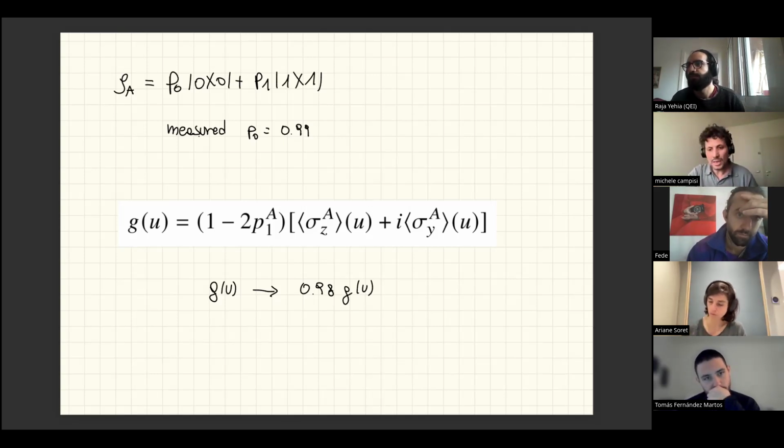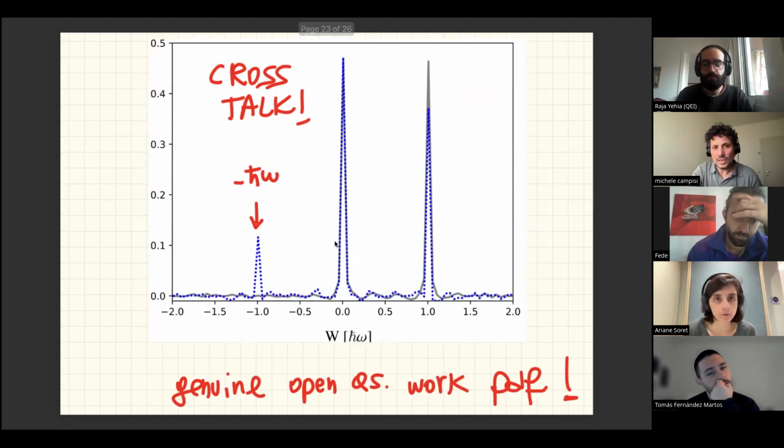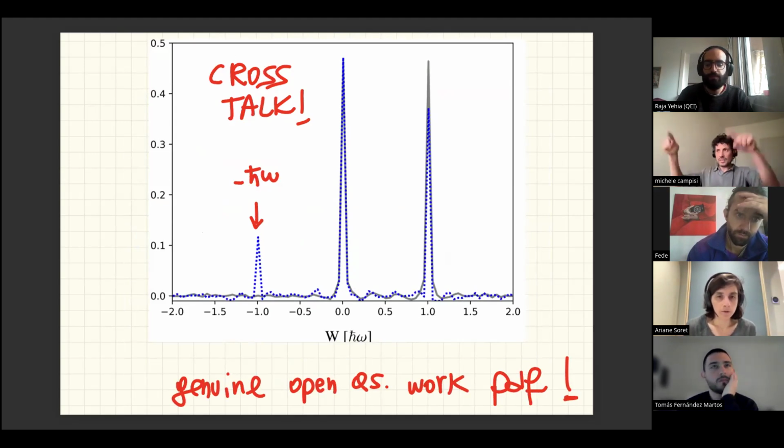Of course, there can be a plethora of reasons why there is some deviation from the ideal case. But the very fact that this peak is exactly at h bar omega tells us that most likely what's going on here is that there is crosstalk between our qubits and the other qubits on the chip that have the same resonant frequencies, omega.